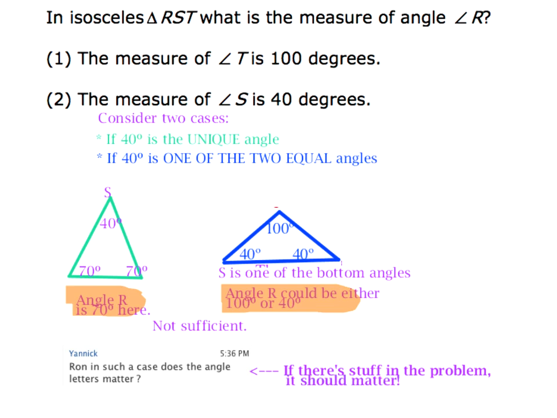If they specifically say angle R, then it probably matters that they're talking about angle R. If it says the second quadrant, then it probably matters that it's the second quadrant and not the first one. If they say the tens digit of a number, then it probably matters that it's not the other digit. This is basically what you should have in your mind: if there is stuff, then you should think about that stuff.